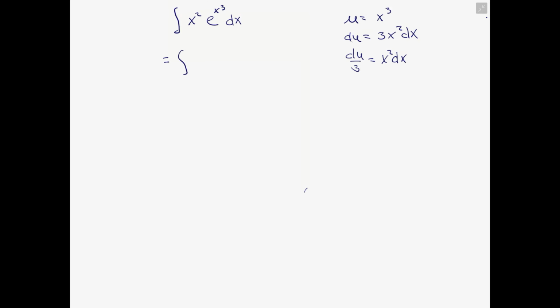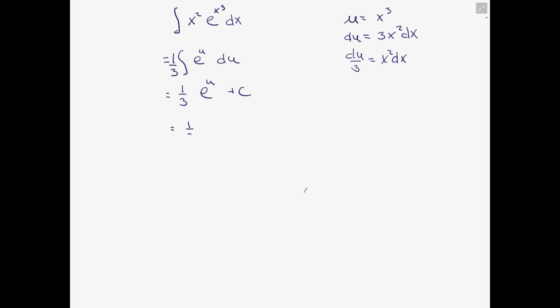And so we have du on 3 equals x squared dx. And now we have e to the u du on 3.